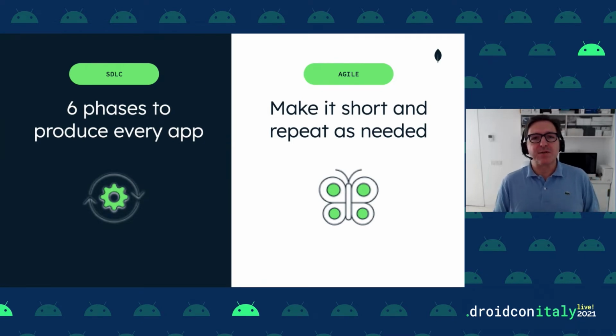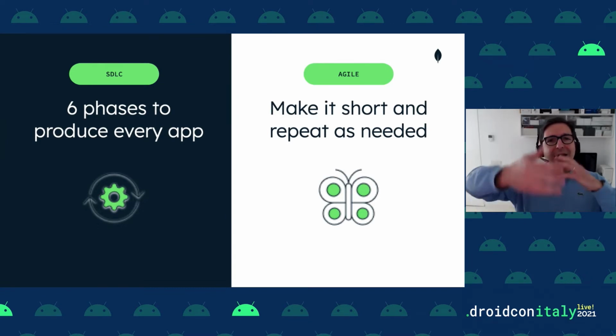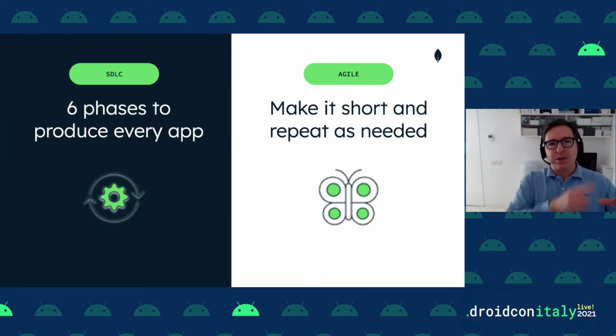What most successful, if not all successful companies that develop software nowadays do is to implement some kind of agile mechanism. And there are different alternatives, but the important thing here is that you iterate through this loop of 6 phases, and so you create shorter iterations that allow you to keep control of this loop.